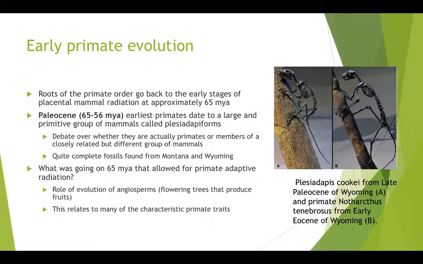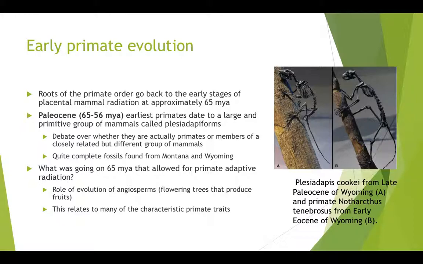The Paleocene is this first period of the Cenozoic after the dinosaurs go extinct, this period from about 65 to 56 million years ago. The mammal record from this period of time is really captured in these primitive mammals, many of which are insectivores, pretty small body size.